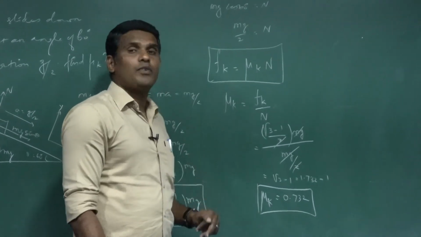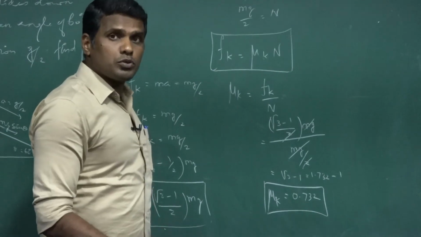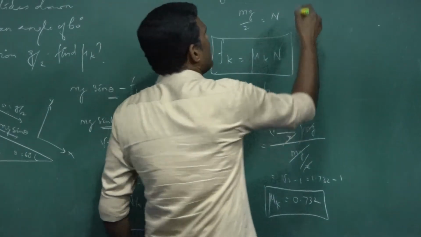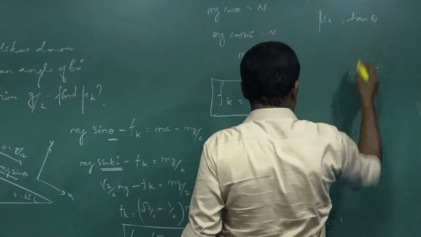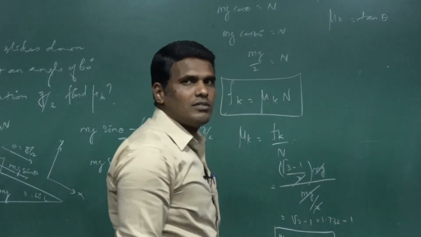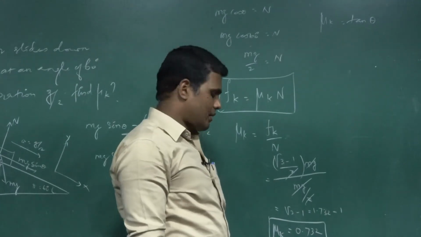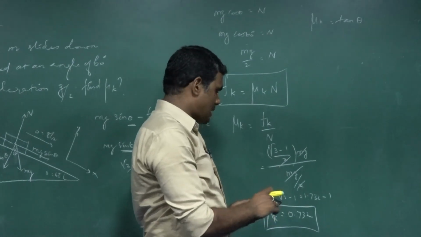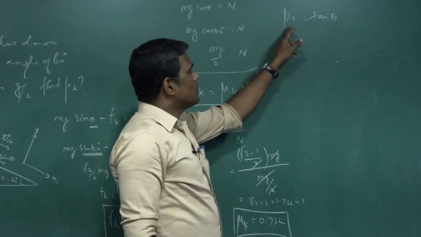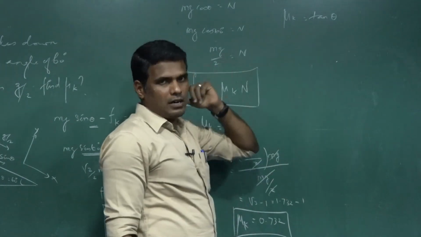From this value of coefficient of kinetic friction, we can also calculate the angle of repose. Because mu k equals tan theta. If mu k is 0.732, then you can calculate the value of theta here. You can use a calculator to get the value of the angle. So by knowing the value of mu k, we can also calculate the angle of repose.